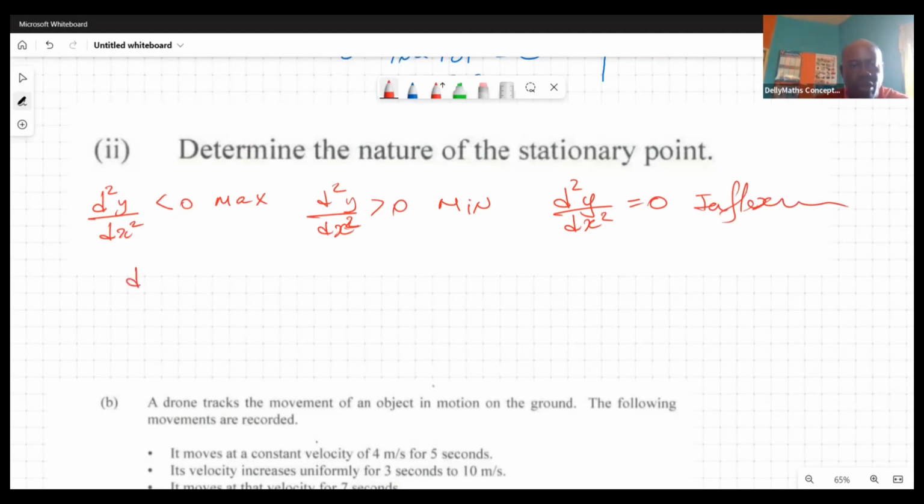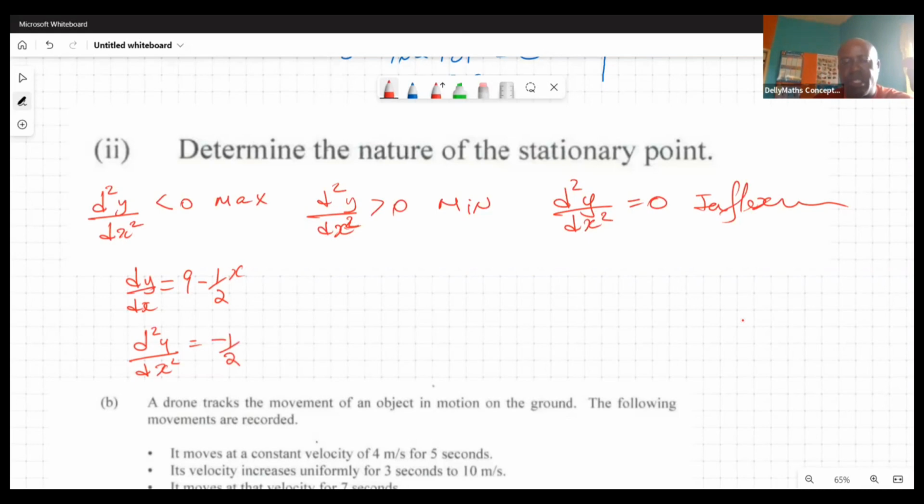So remember now, the first derivative was 9 minus half x. So I'm going to take the derivative again. My second derivative is going to equal, so the derivative of 9 is gone. The derivative of negative half x is negative half.